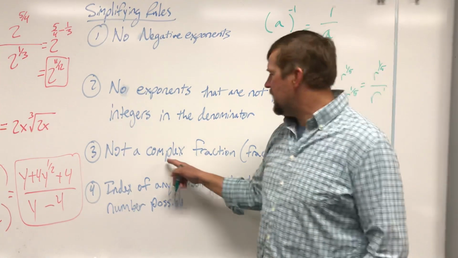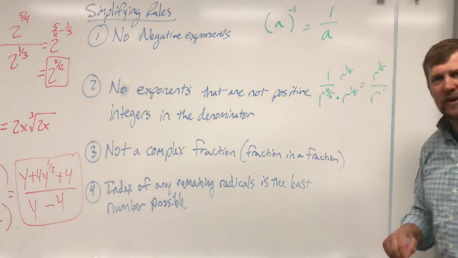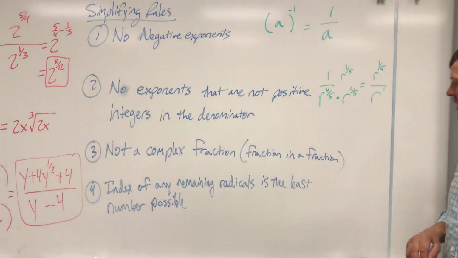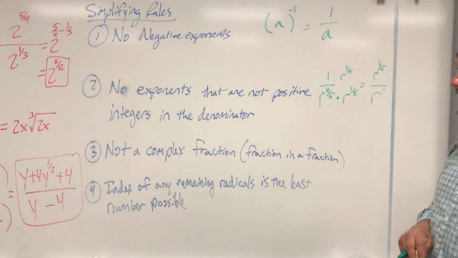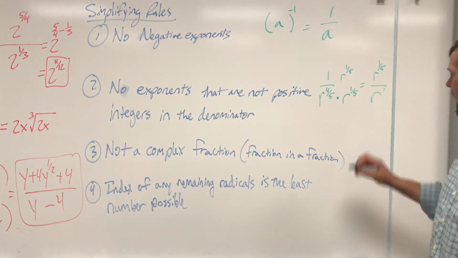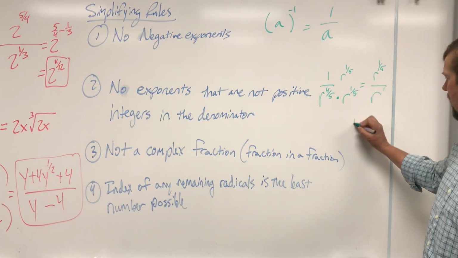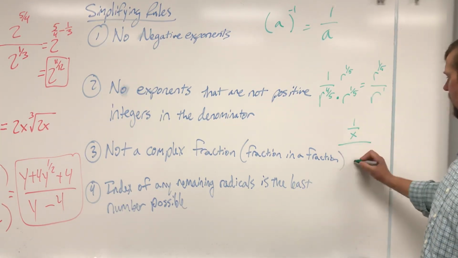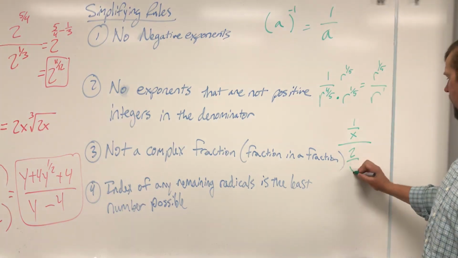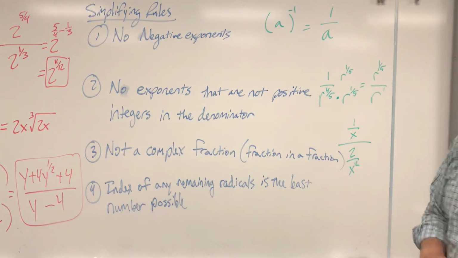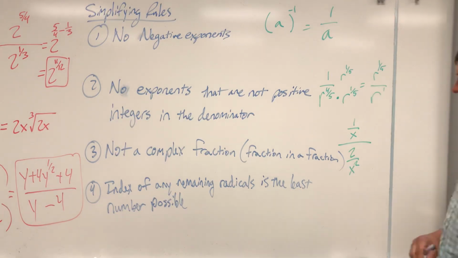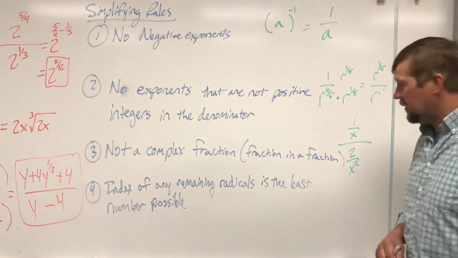Number 3, not a complex fraction. That means a fraction within a fraction. You are not supposed to have fractions within fractions. That would be like saying 1 over x over 2 over x squared or something like that. Number 4, the index of any remaining radicals is the least number possible.